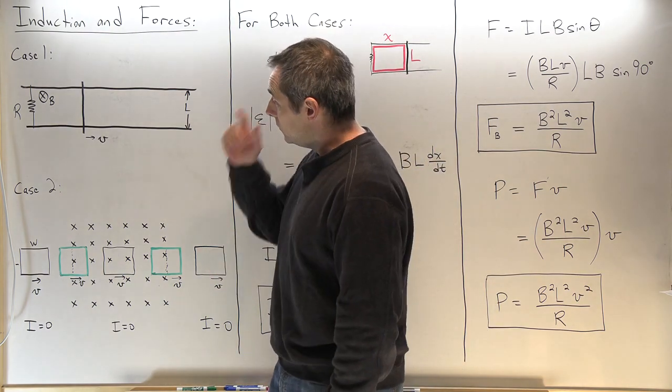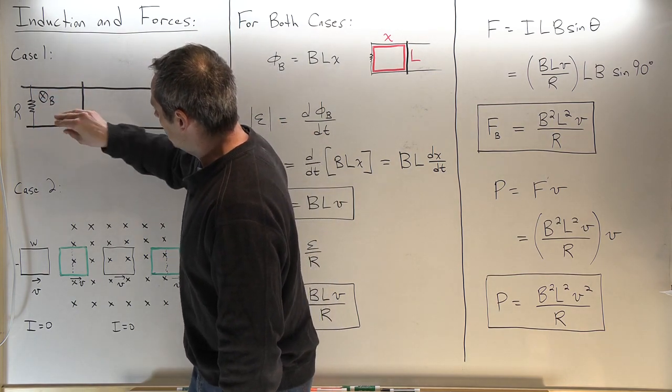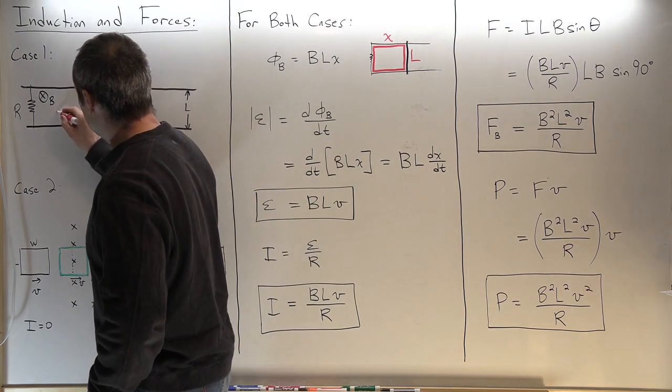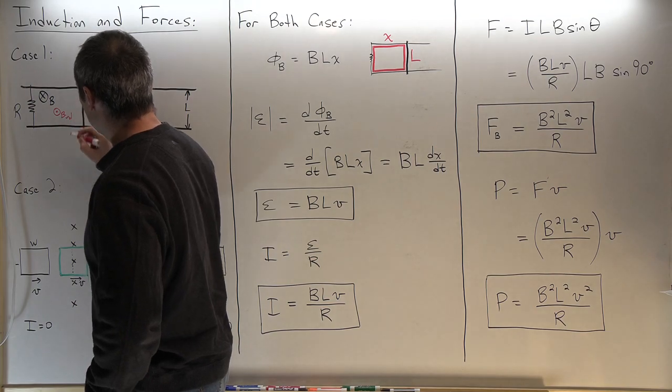Okay, so this is what you should have done. You should have said, we're gaining flux into the board, so B induced has to oppose that. In other words, it has to be out of the board.